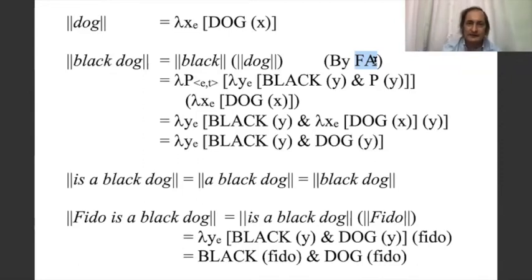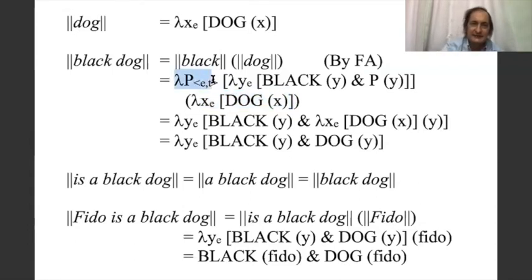So let's go ahead and plug in our pieces. The translation of black we just gave on the previous slide is here: lambda P of type ET, lambda y of type E, black of y and P of y. Dog translates to this. And we do here what we always do.